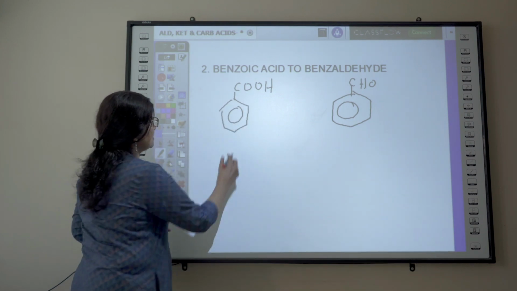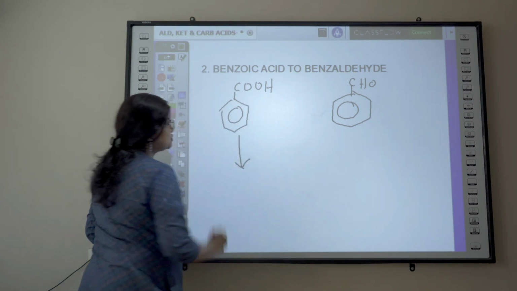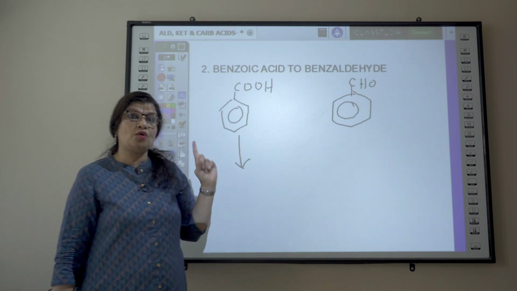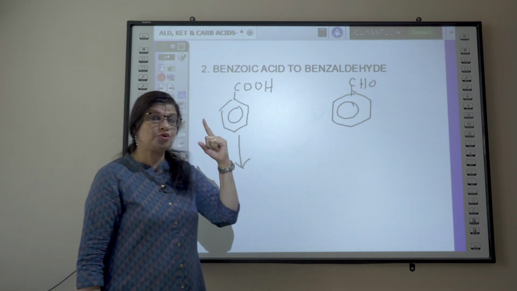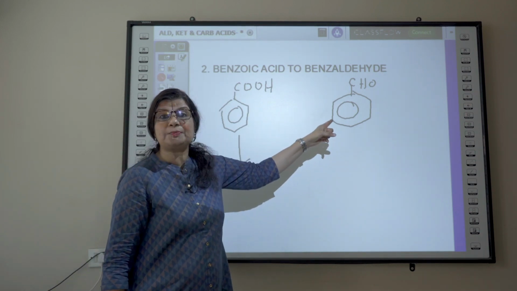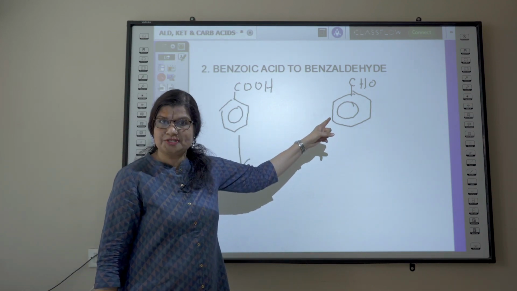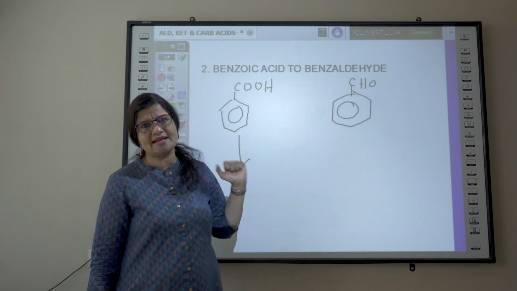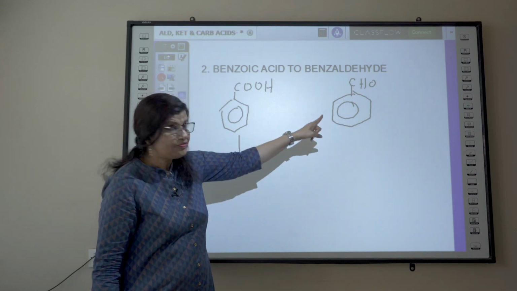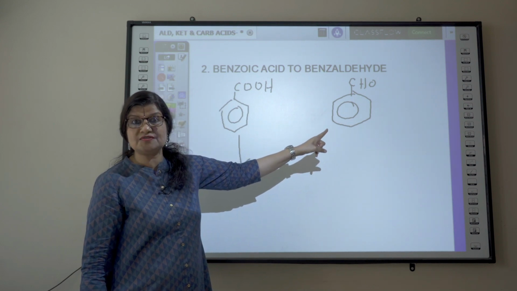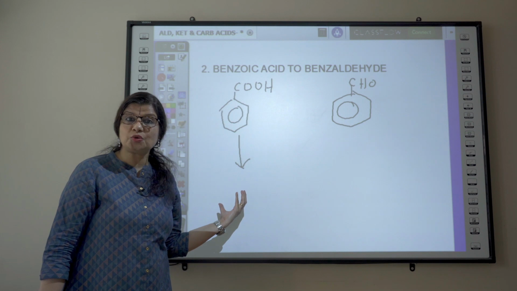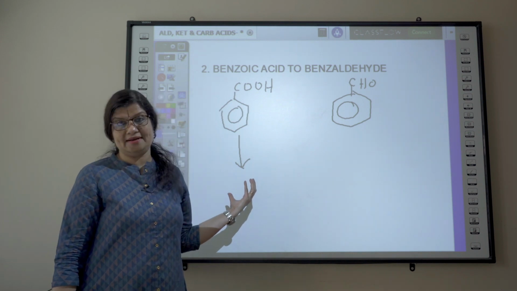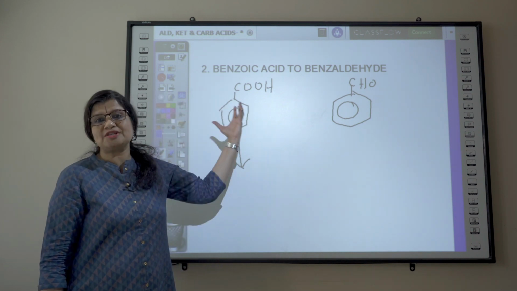So first, let's convert benzoic acid to something else. How do we decide what compound to convert benzoic acid to? Immediately try to recollect all the methods of preparation of aldehydes, aliphatic and aromatic. One of the methods involves the Rosenmund reduction, wherein you start with benzoyl chloride, which is a derivative of benzoic acid.